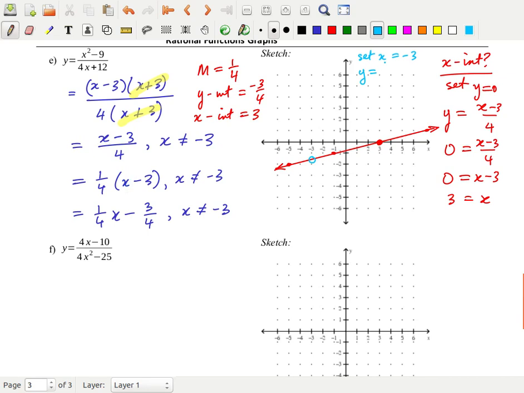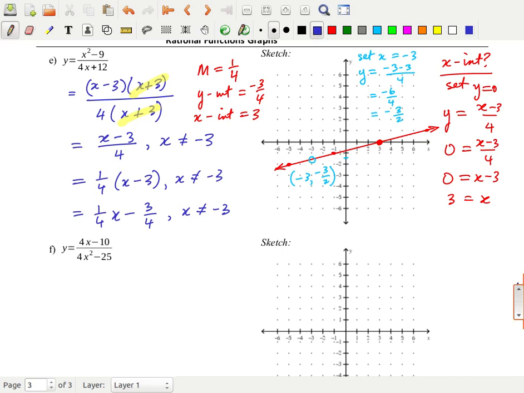Not in particular. So y is equal to -3 minus 3 over 4, which is -6 over 4, which is -3 over 2. So the coordinates of this are -3 for the x, -3 over 2 for the y. And if we take a look, -3 over 2 for the y, or -1.5, that seems to line up pretty well with our graph. It's always good to have these things confirm themselves.